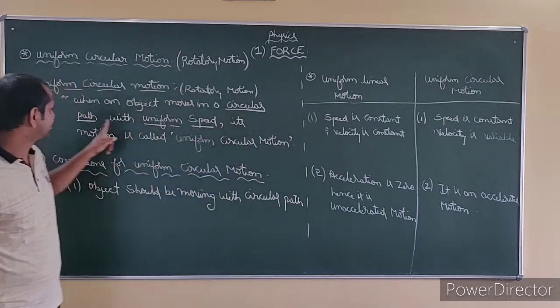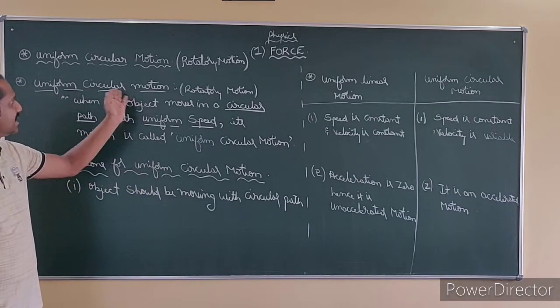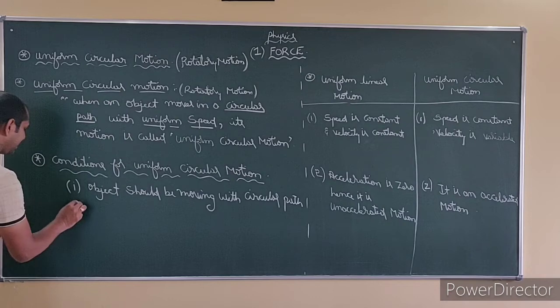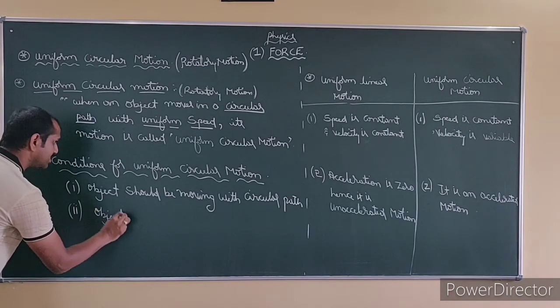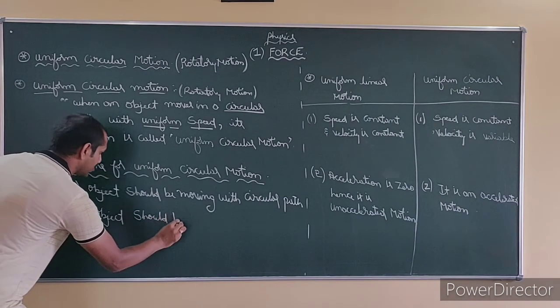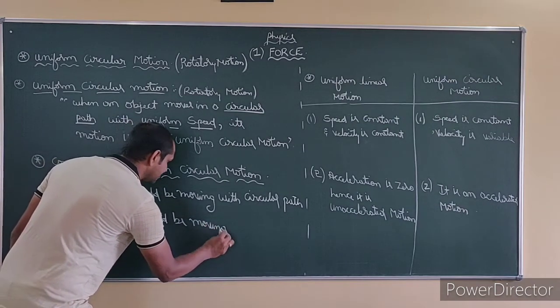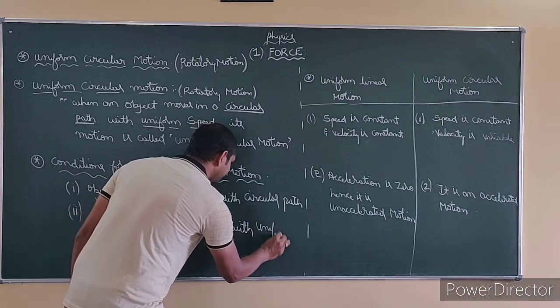I have marked it here. This is the first criteria. If it possesses this, then the object is moving in a uniform circular motion. What is the second criteria? The object should be moving with uniform speed.